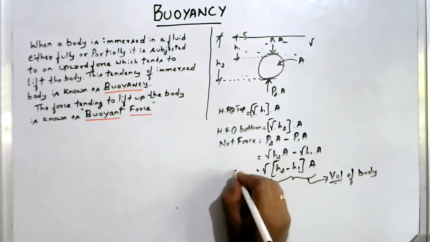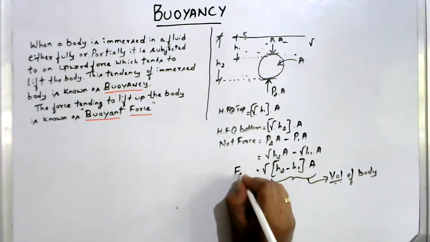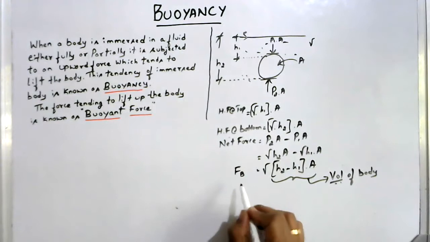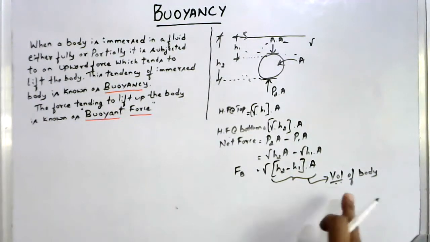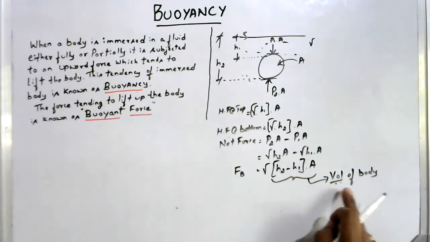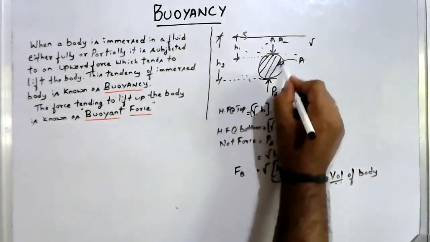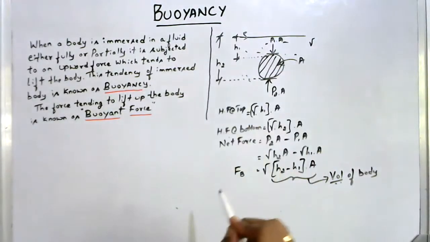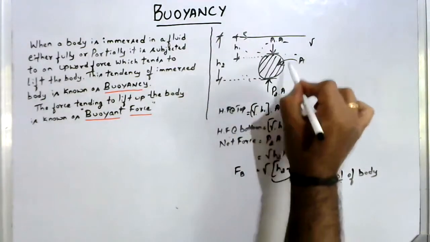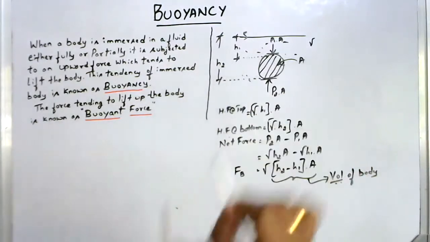This net force is nothing but the force of buoyancy, or the buoyant force. It is usually denoted by capital F suffix B, correct? This is the volume of the body. But you observe here, once you immerse this body in the fluid, this amount of fluid will be displaced by this body, correct?